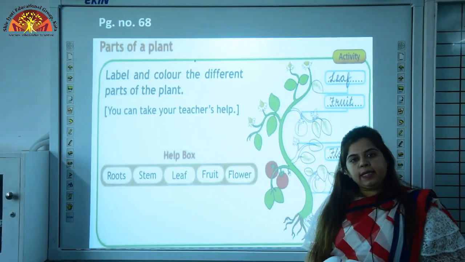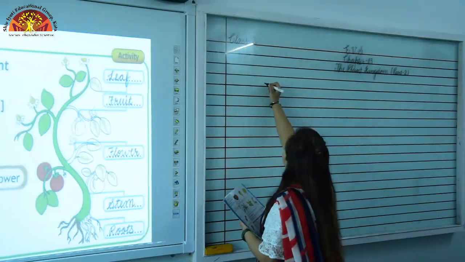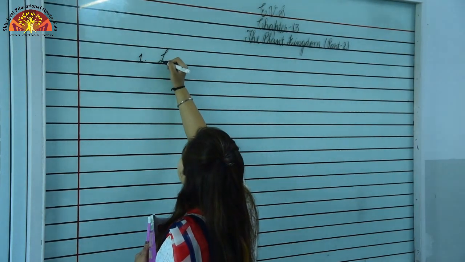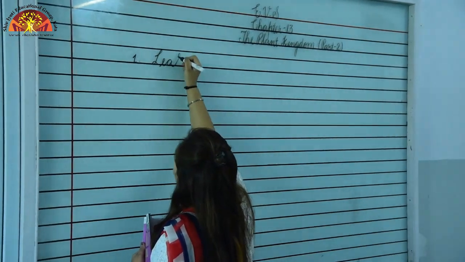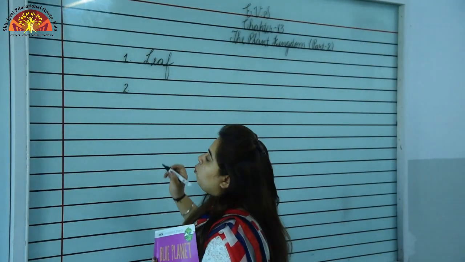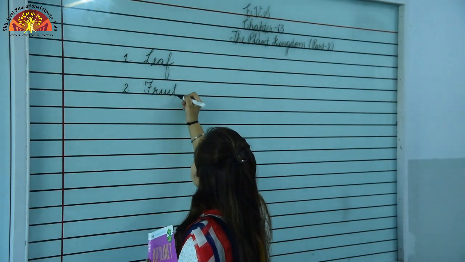Now children, let's see these words on board. First is leaf, L will be capital, L-E-A-F, leaf. Number 2, fruit, F-R-U-I-T.